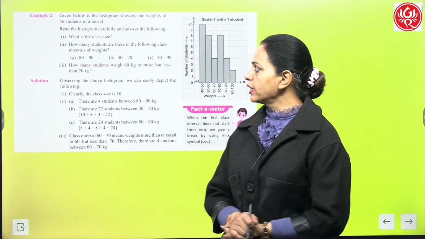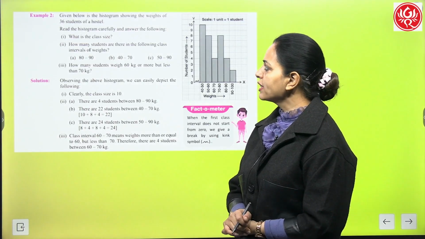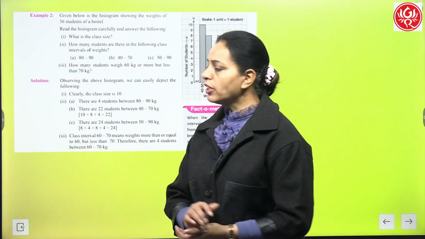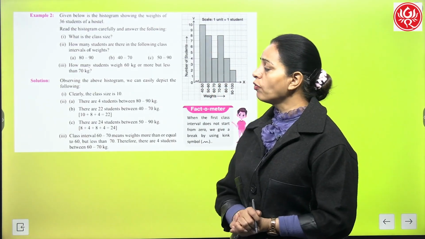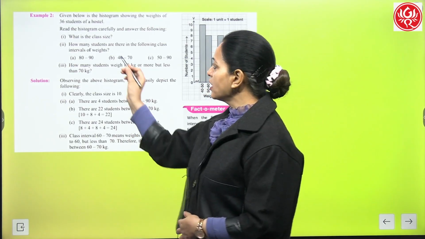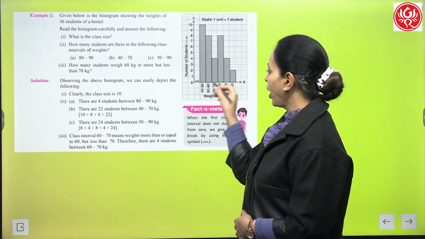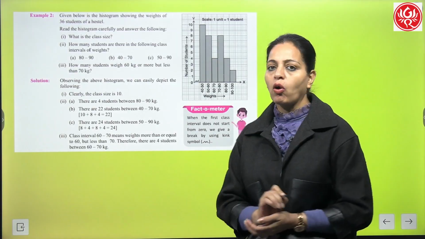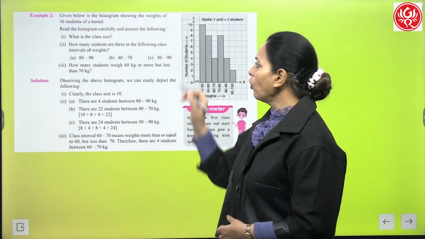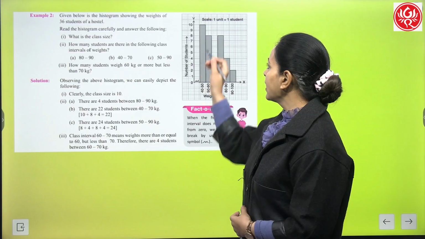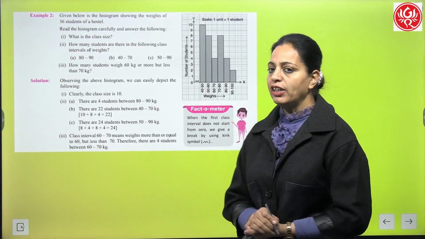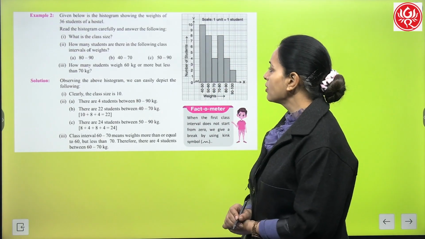Right? Now example 2. Given below is the histogram showing the weights of 36 students of a hostel. So read the histogram carefully and answer these questions. Here a histogram is given, weights given along x-axis, number of students along y-axis, and scale 1 unit equals 1 student.